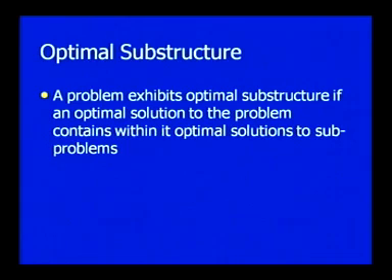And by optimal substructure, we mean that if an optimal solution has been obtained for the problem, then the solutions to the sub problems are also optimal. If we can prove that, it is what we call the optimal substructure.